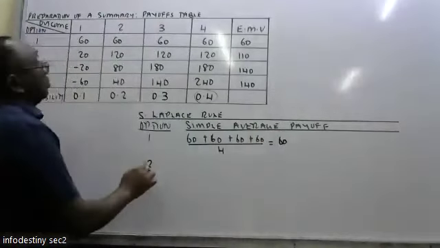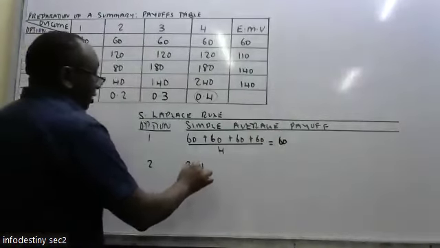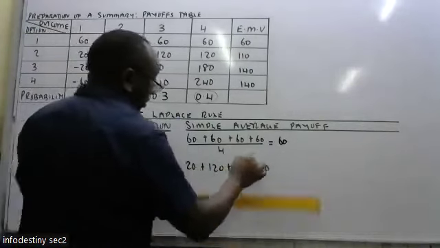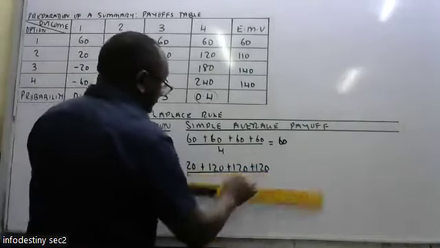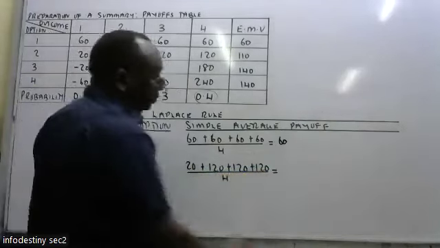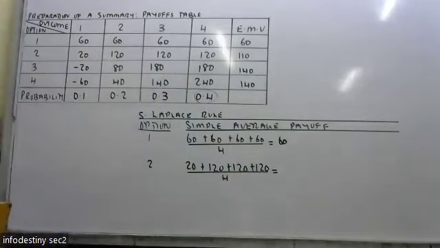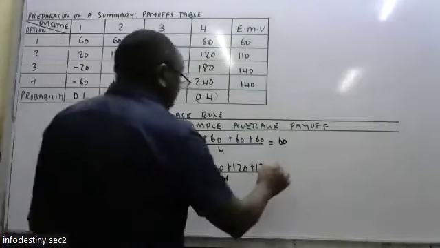We go to number 2, you do the same thing: 20 plus 120 plus 120 plus 120. You divide by 4. You get 95.